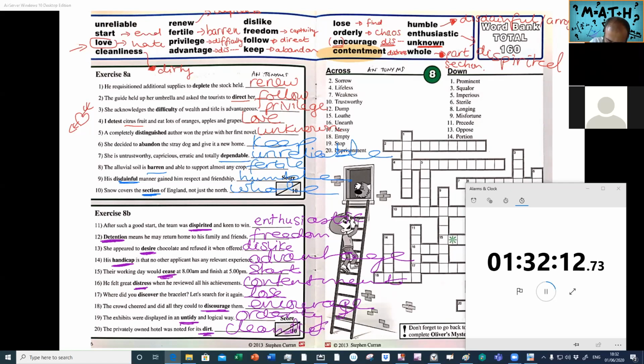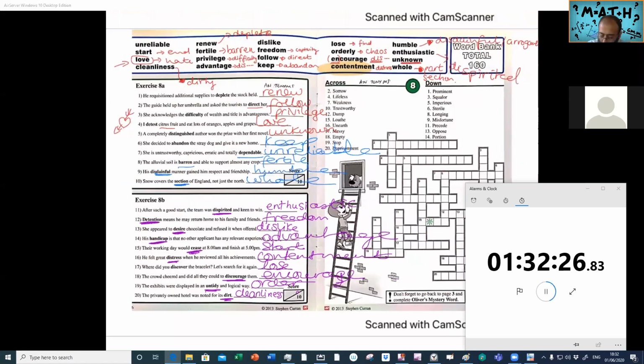Cleanliness. Oops, that looks a bit messy. Cleanliness. Beautiful. Okay, girls, we're doing good, mashallah, tabarakallah, alhamdulillah. Let's have a look what else we got in here.